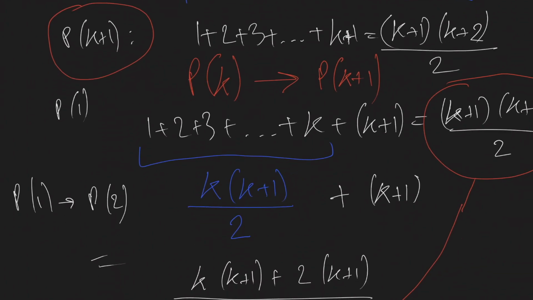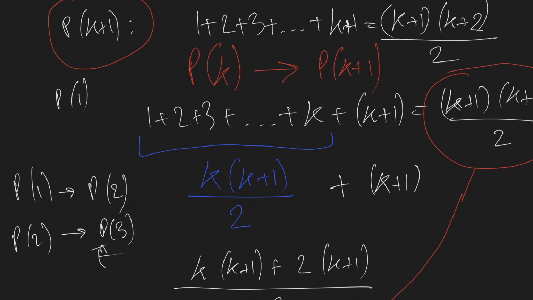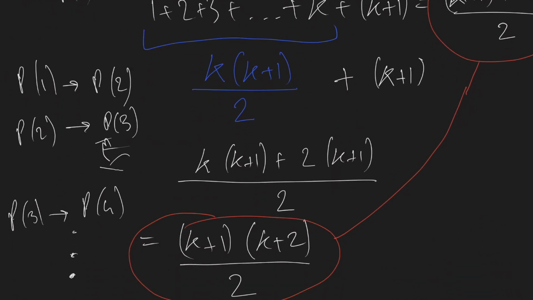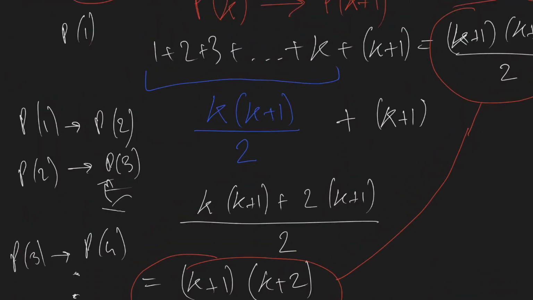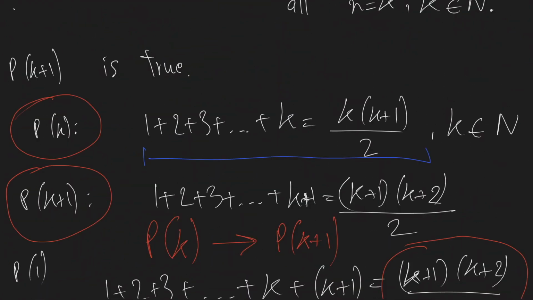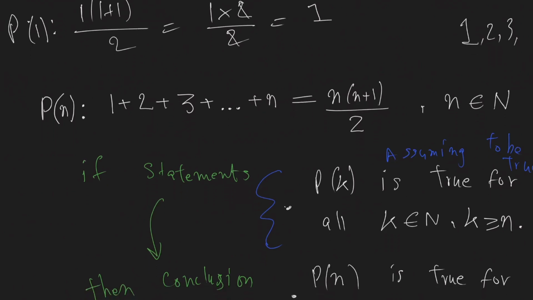And if p2 is true, then p3 must be true. You again substitute 2 here. And if p3 is true, then p4 must be true, and on this goes. And hence this proves our conjecture over here.